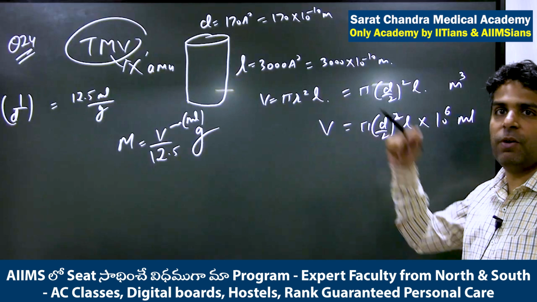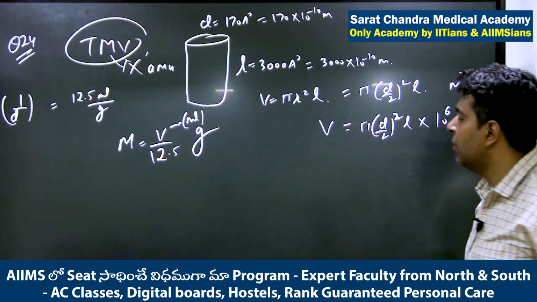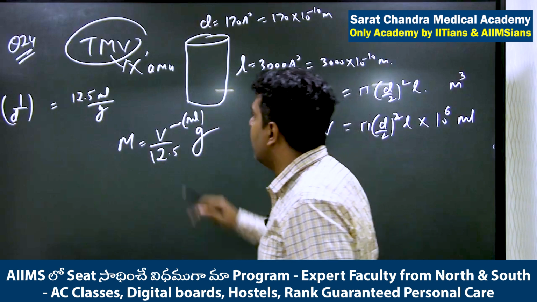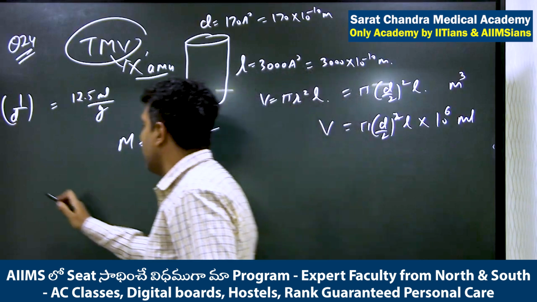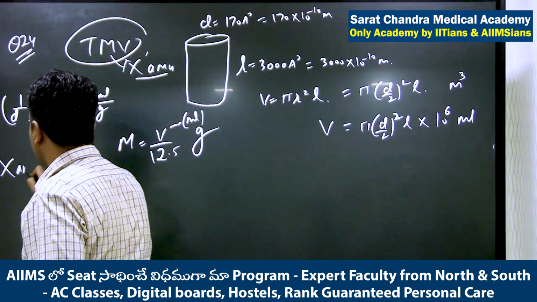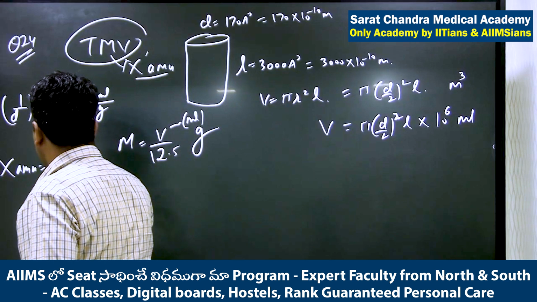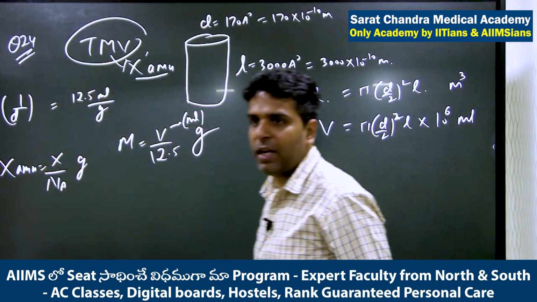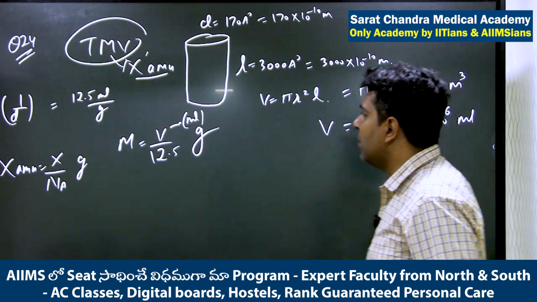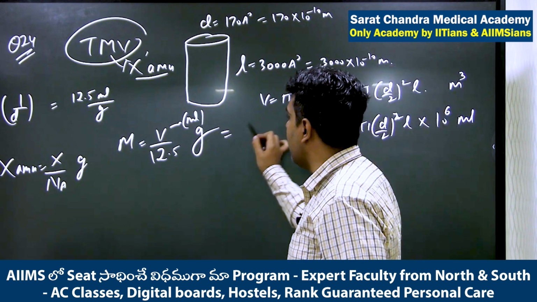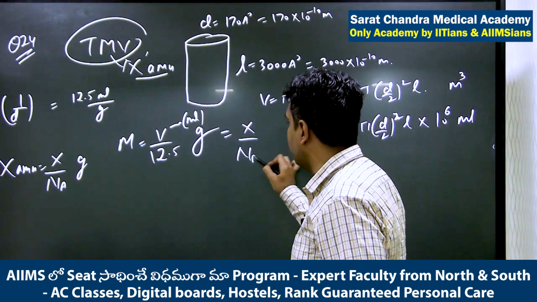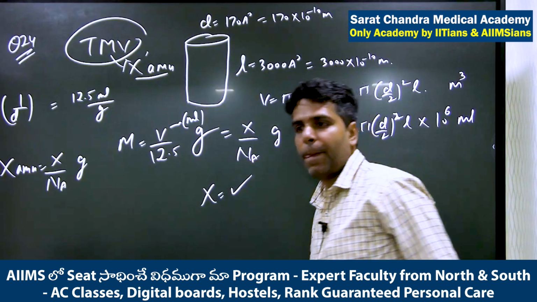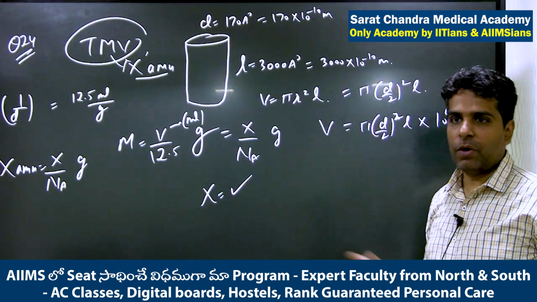Mass of one virus will be X AMU. So now mass of one virus we have found out in grams. I suppose this is X AMU. Now X AMU will be how much grams? X by NA grams. So 1 AMU is 1 upon NA grams. So mass of one virus in grams should be X by NA grams. So from here you will find out the value of X. Now do.